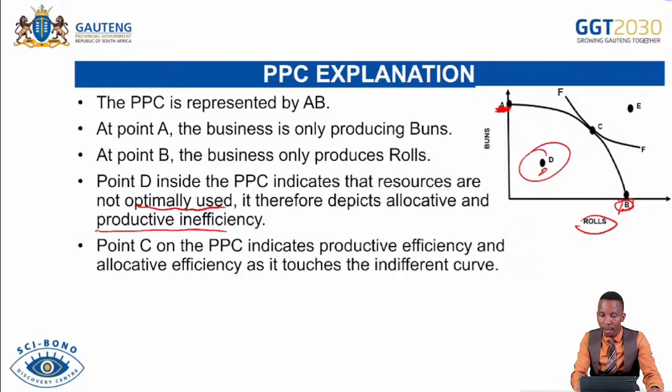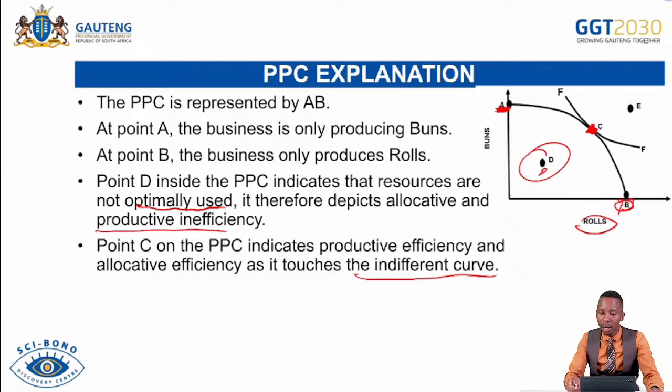Point C, on the PPC, indicates productive efficiency and allocative efficiency as it touches the indifference curve. So at this point where the indifference curve touches our PPC, that point indicates allocative efficiency and productive efficiency there.